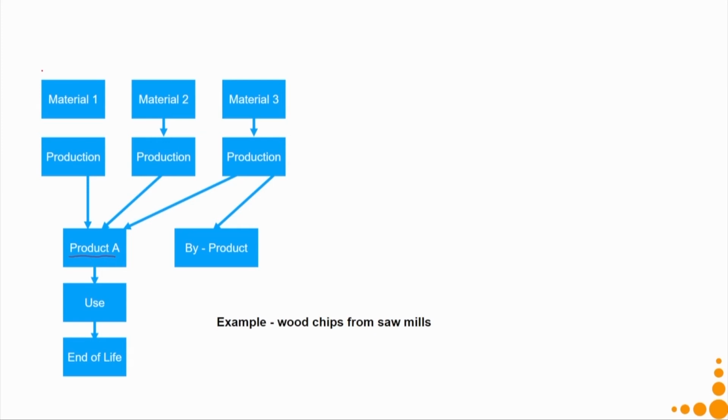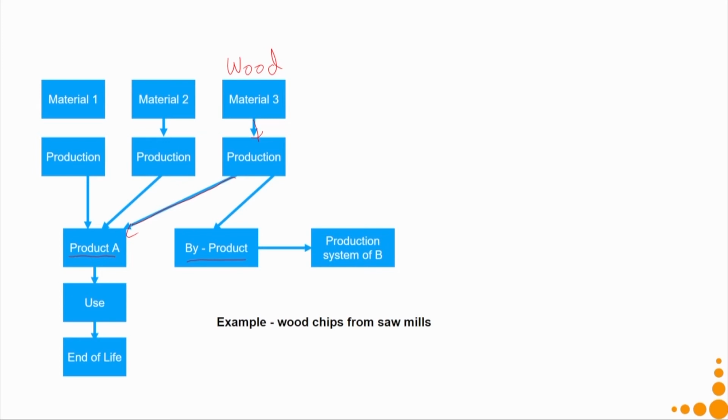Let material 1 be plastic, material 2 is metal and material 3 is wood. So, when I take my material 3 wood, as a result of the making of this product A through the production process, what I will get is wood chips from the sawmills. So, my wood chips from sawmills is the byproduct.